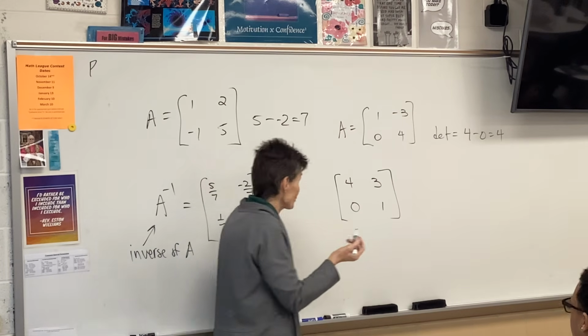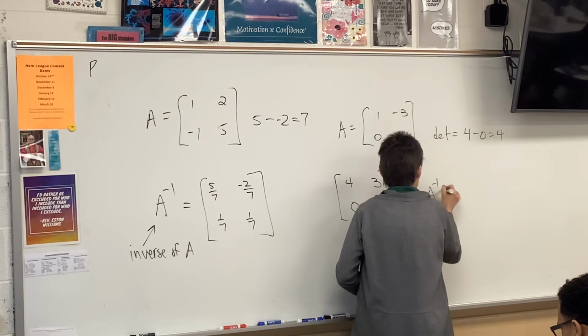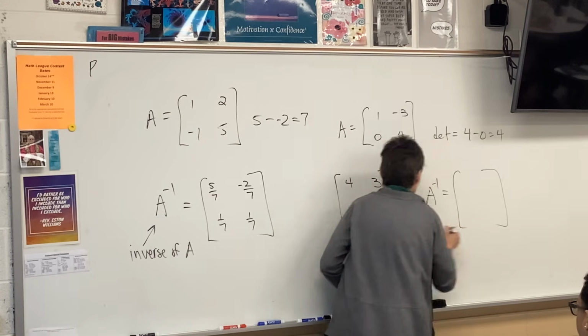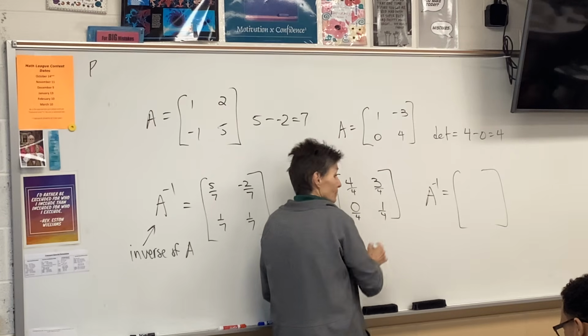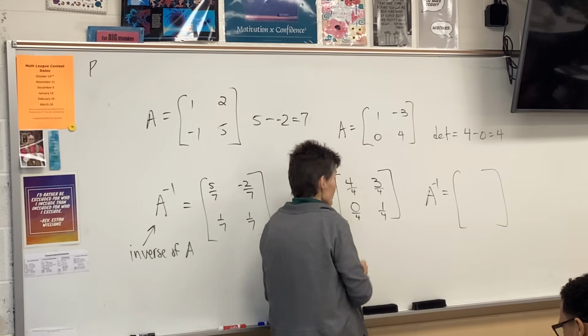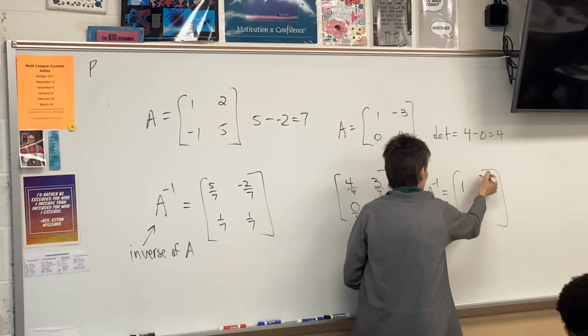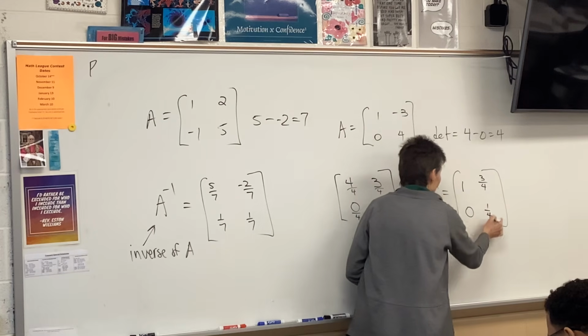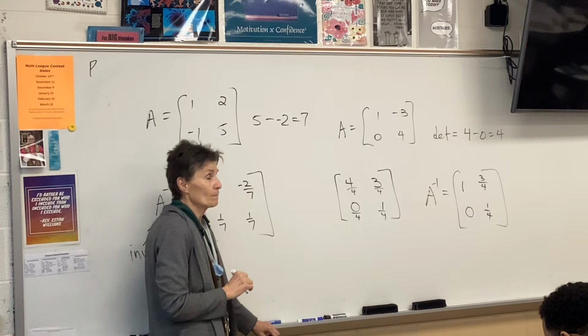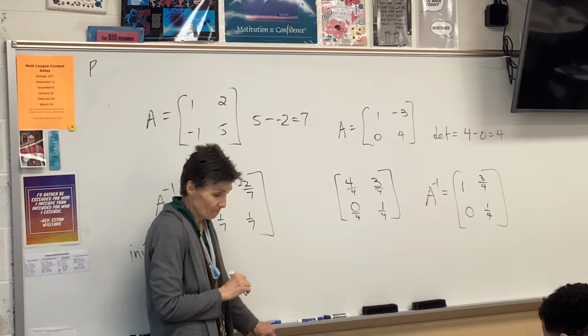Then to get my answer, I'm going to take every one of these and divide by 4. So I have 1, 3/4, 0, and 1/4. There's your inverse. Always simplify your fractions.